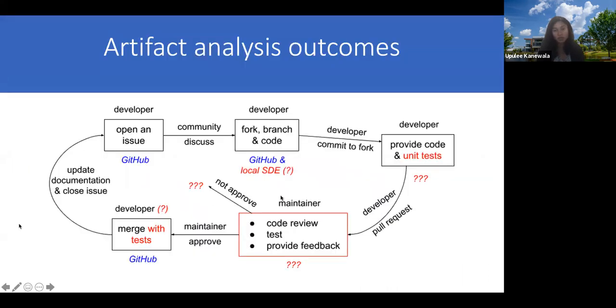So now I'm going to talk about our findings. The first, the artifact analysis. This is the workflow that we developed after looking at the GitHub repository of SWMM. Basically, this is an issue-driven workflow where a developer opens an issue and the community decides whether they actually want to work on that issue.